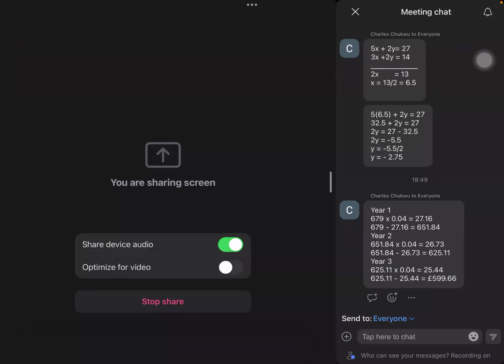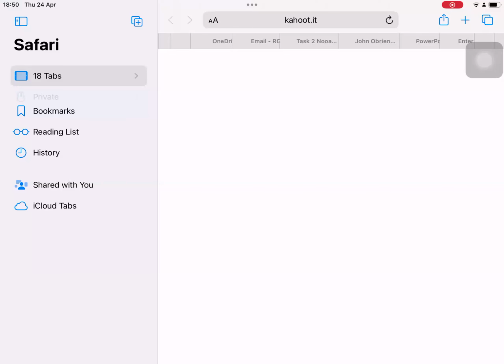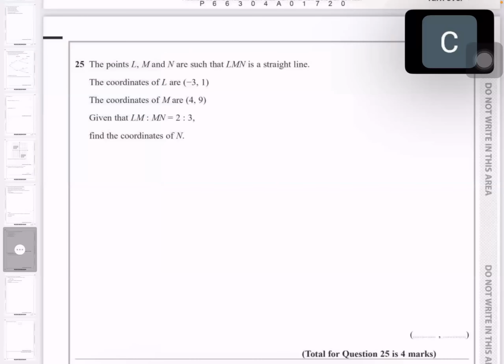So the important thing to remember is that the value was decreasing. So each time you multiplied the new value by 4%, and then you subtracted it from that new value to get the value for the next year. Okay, so we're moving on now. Do you want to write it down? Yeah, I have it. I was writing it as you were speaking.